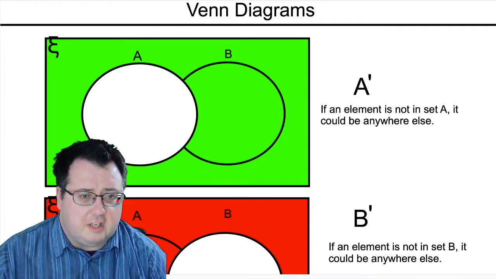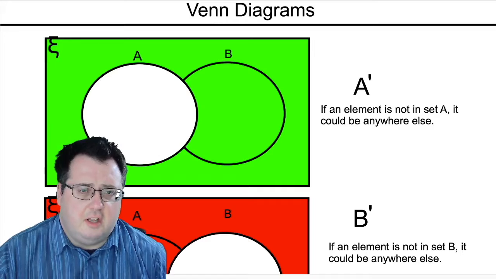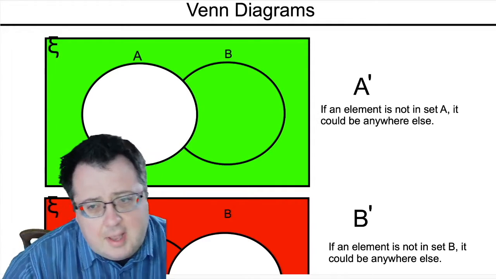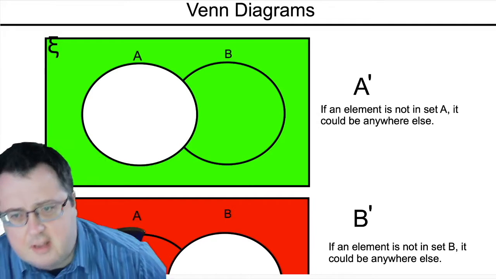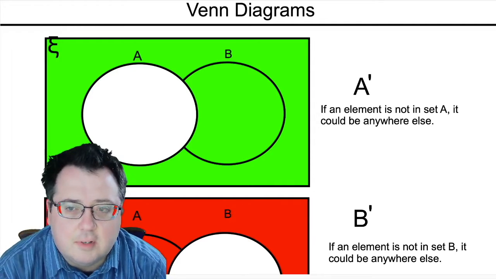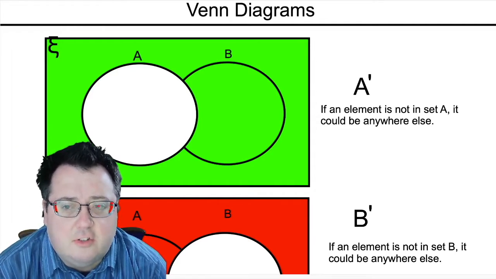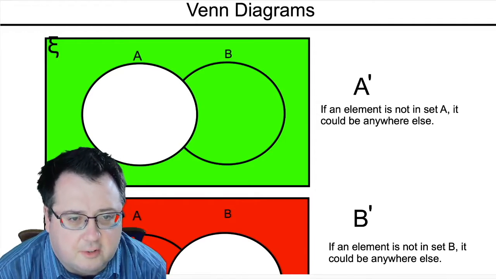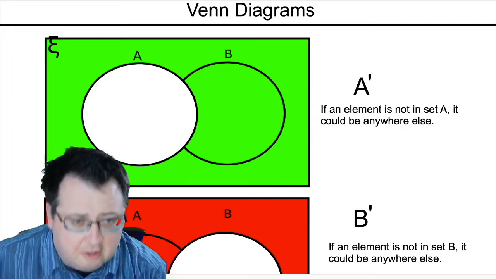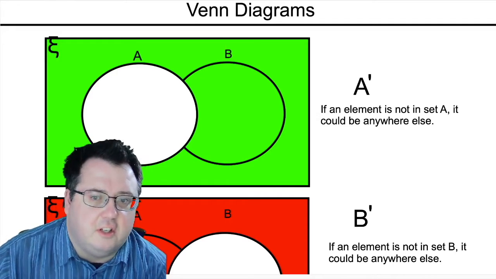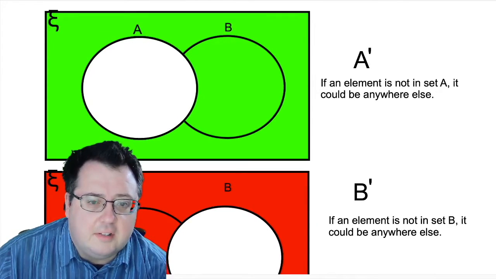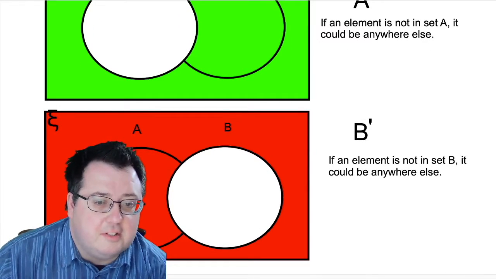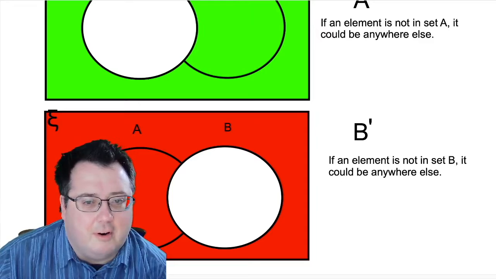So this is where it gets a little bit more tricky, and here is where the memory work comes in. A with an apostrophe means A not. So if an element is not in set A, it could be anywhere else inside the universal group. But it could not be inside the circle A. And B not cannot be anywhere inside the circle B. It can be anywhere else.